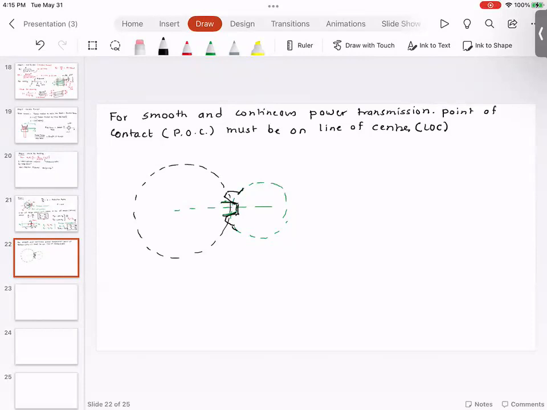So you have teeth on the pinion and teeth on the gear. They should mesh in such a way that when the power is transmitted, the point of contact is on the line of centers. What happens if the point of contact is not on the line of centers? In that case, the power transmission is not going to be smooth. There will be a lot of vibrations. So this is also called the law of gearing.